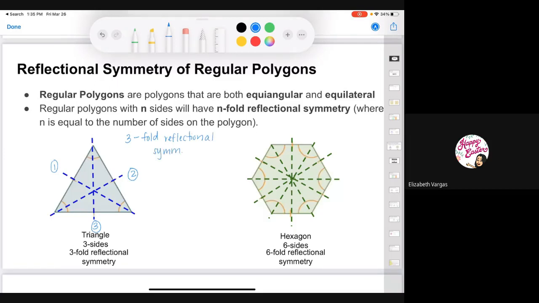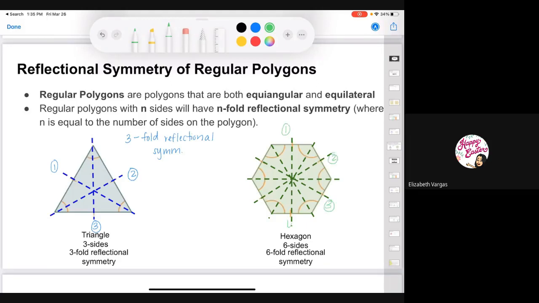Okay. The hexagon, on the other hand, again, instead of having to actually look for each of the lines of symmetry, which may take a long time if I have more sides, there are some regular polygons that have like 100 equal sides, instead of having to find all those different lines of symmetry, all you have to do is count the number of sides.